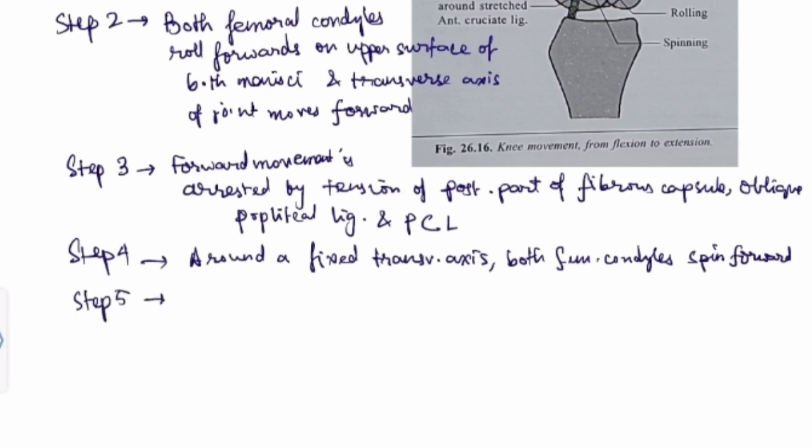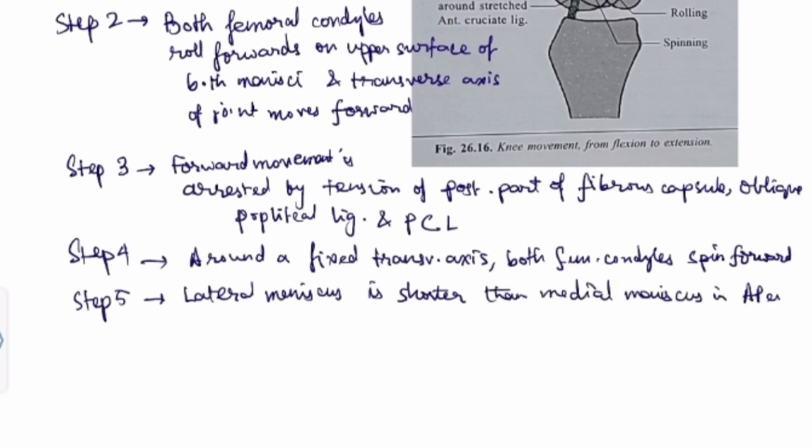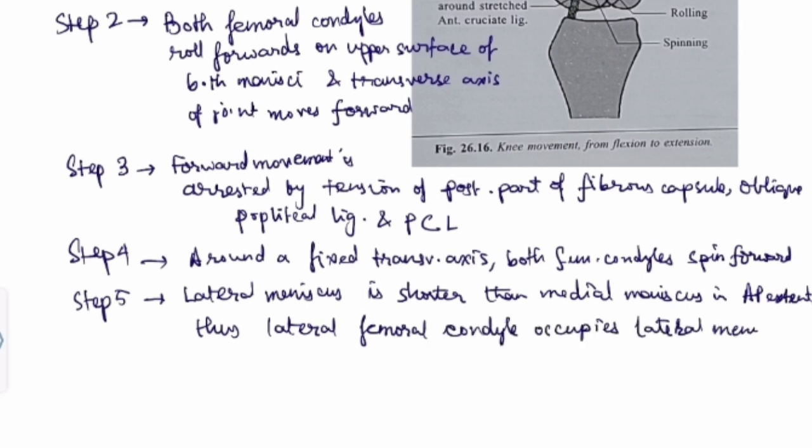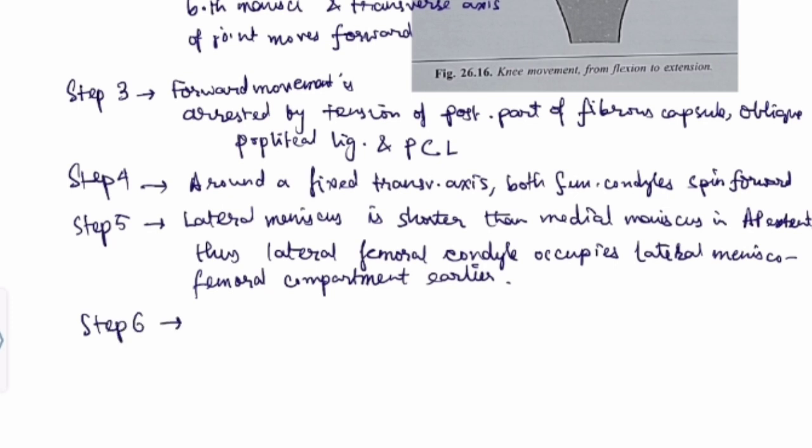Step 5. Lateral meniscus is shorter than medial meniscus in anterior posterior extent. Thus, lateral femoral condyle occupies lateral meniscofemoral compartment earlier. At this stage, complete full extension falls short of 30 degrees.